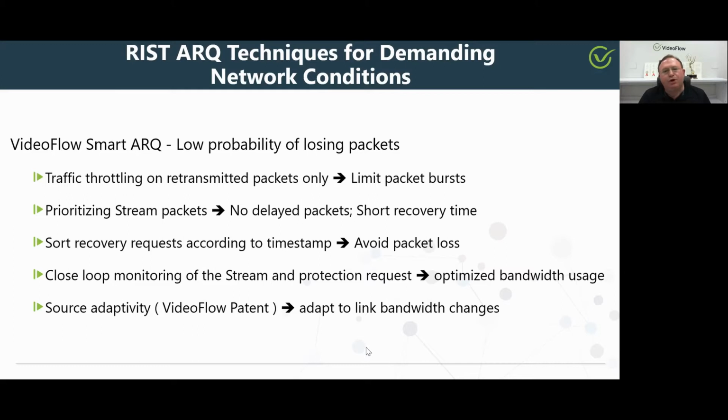A closed-loop monitoring system measures the link budget and throttles the retransmission to use what is available. Another unique VideoFlow source adaptivity is in use in case the link budget is not sufficient for the stream to pass through, but this is a totally different session that we are not going to touch on.